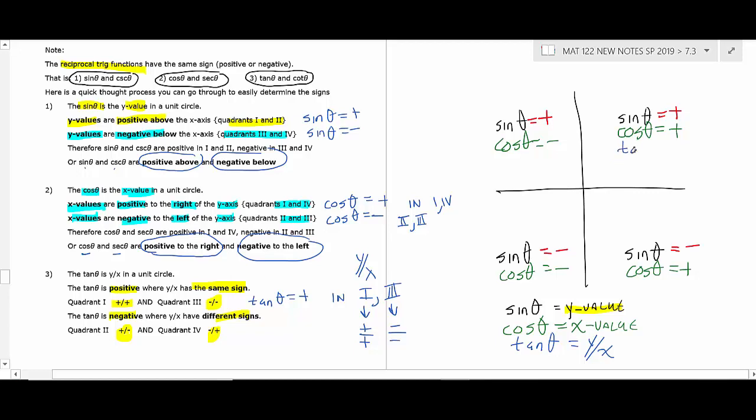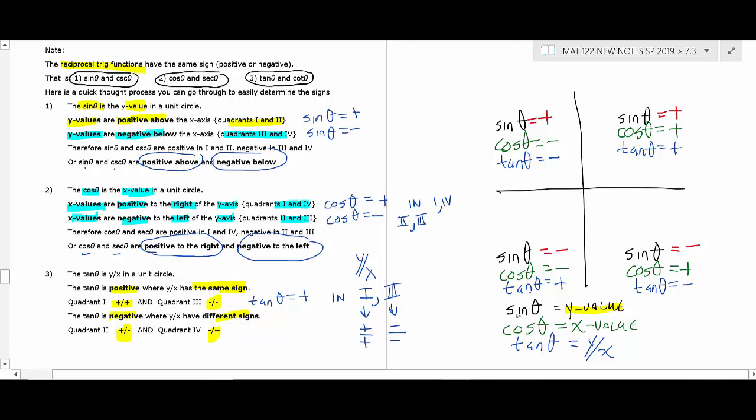So if I do tangent, I think about it being positive where x and y have the same sign. So I go like this. Tangent's positive here and positive here, and then it's negative in opposite quadrants like that. So that's one thing that helps you do that.